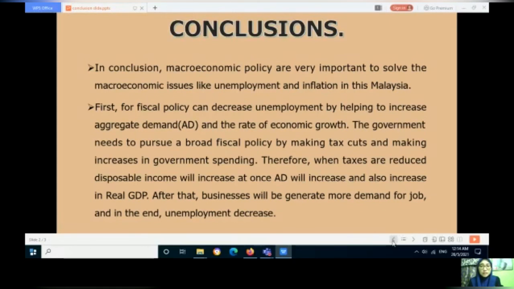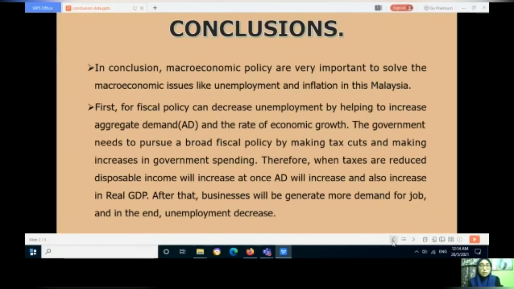Therefore, when taxes are reduced, disposable income will increase, and at once aggregate demand will increase, and also real GDP. After that, businesses will generate more demand for jobs and in the end, unemployment decreases.